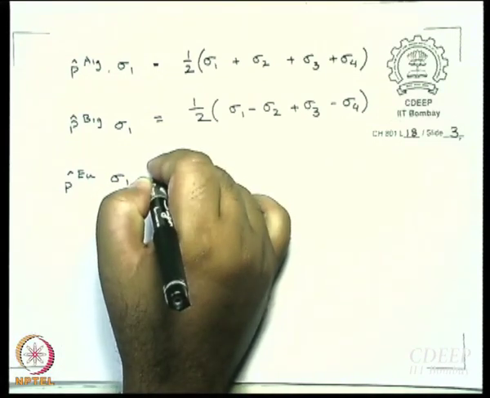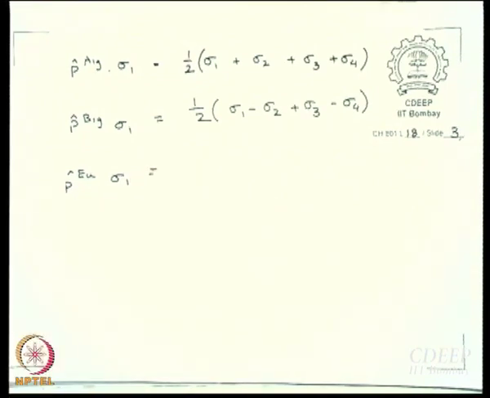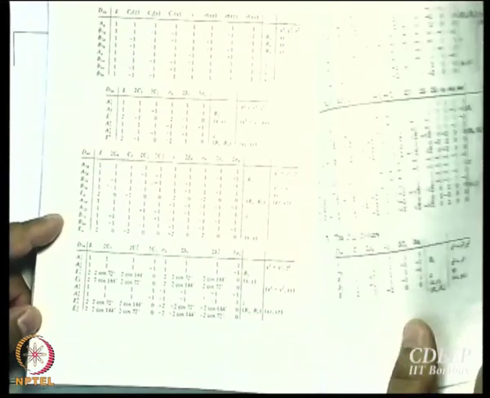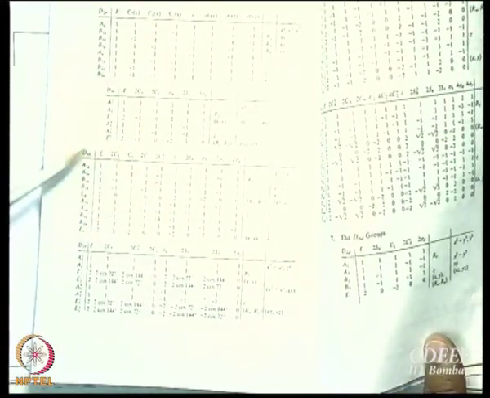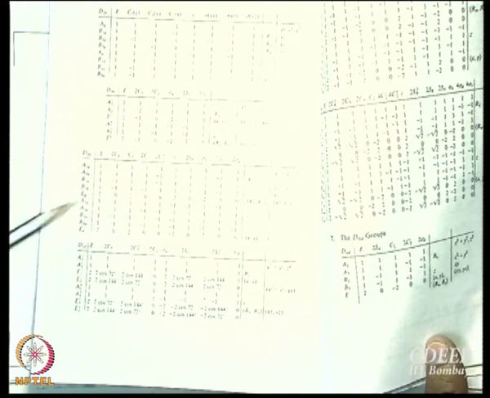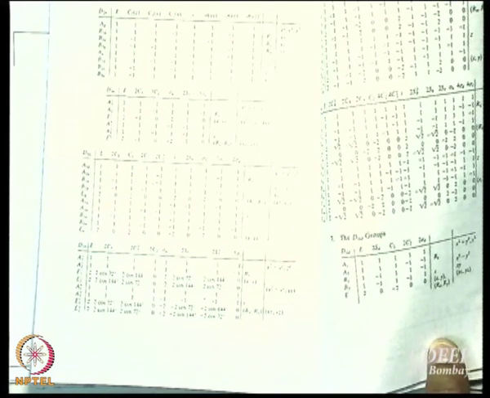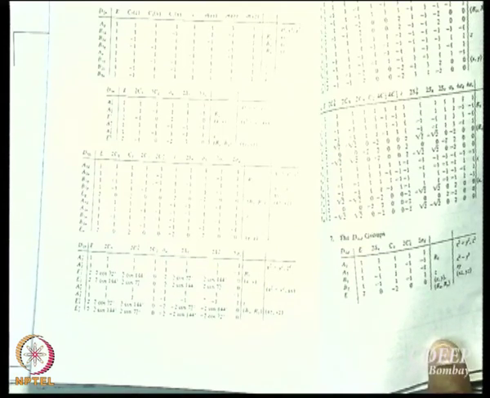One thing that should not be forgotten is that when you have a situation like this, 2C4, 2C2 dash and so on, don't forget that they are actually different symmetry operations. It is just that they belong to the same class. So the character is the same, but the effect will be different.